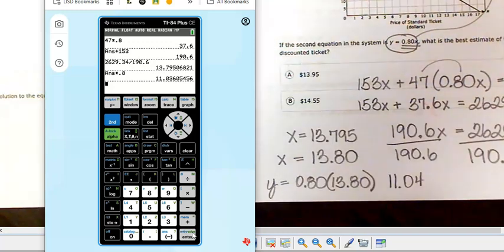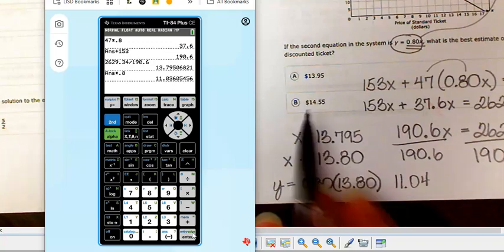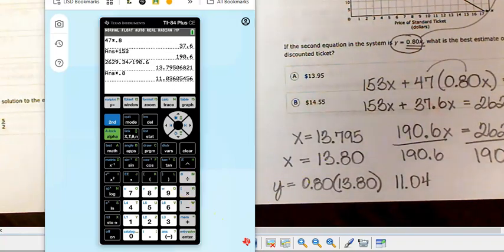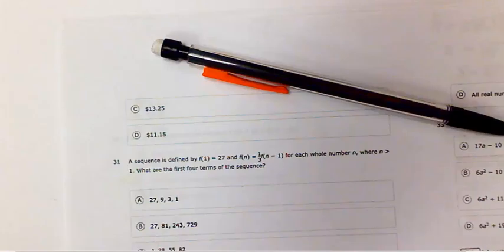11.04. All right, so it's not A, it's not B. Let's look at choices C and D. C says $13.25. D says $11.15. I don't love this because it's off by like 9 cents, which may make you think, oh, I've done the math wrong.